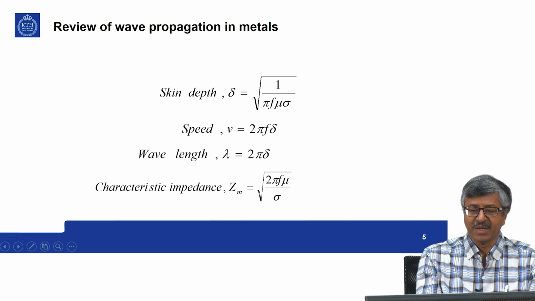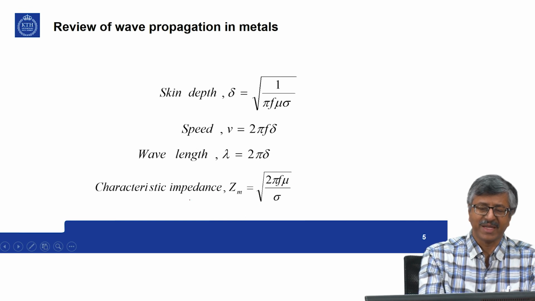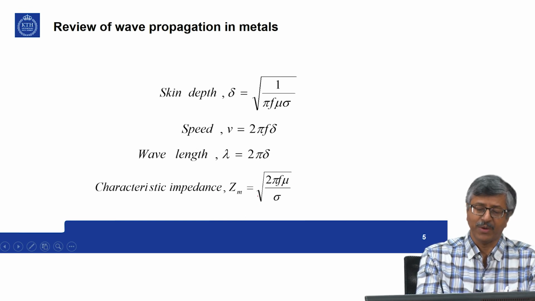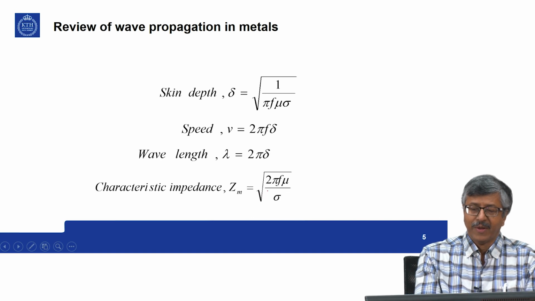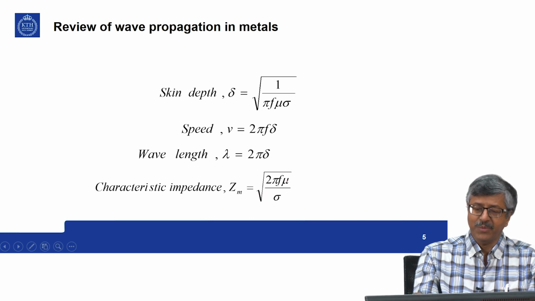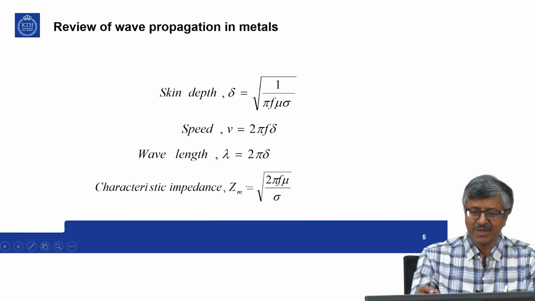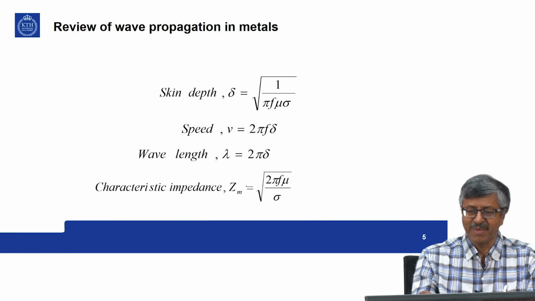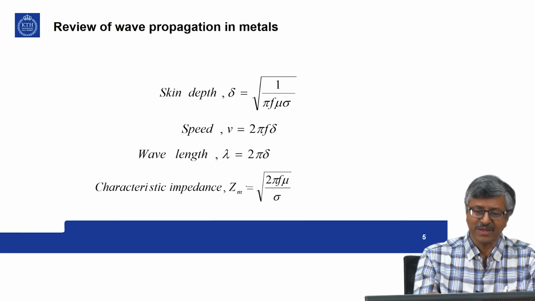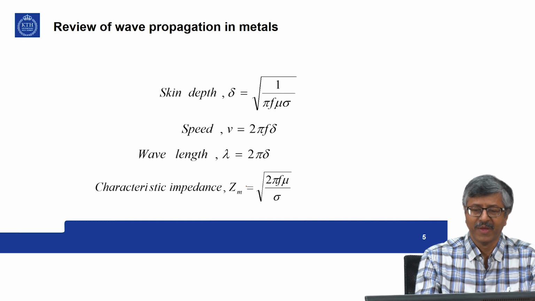So, the higher the frequency, you have higher characteristic impedance, but still quite low value. And here mu and conductivity, where both are in the denominator. So, you can see that on the whole, depending upon whether a material is magnetic or non-magnetic, or highly conducting or not highly conducting, you get a very complex picture.